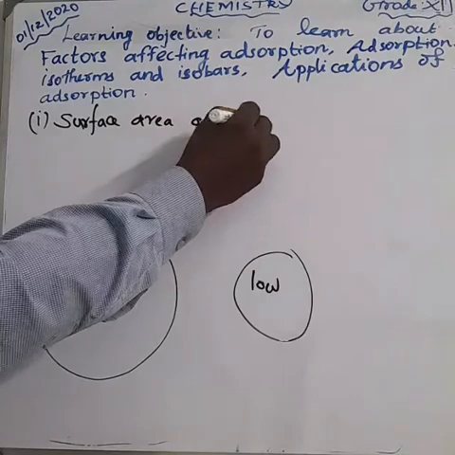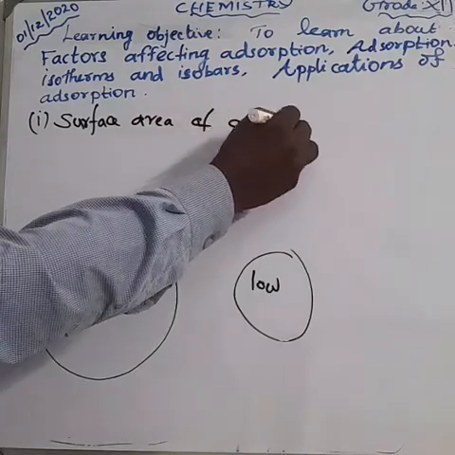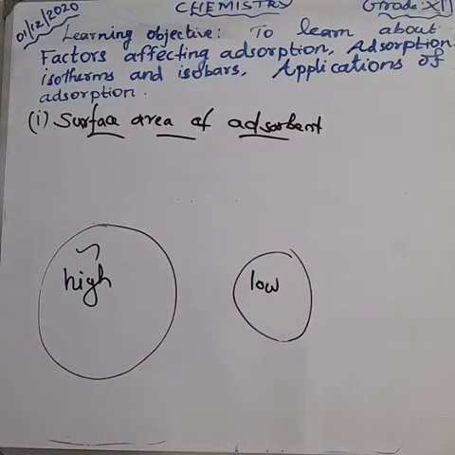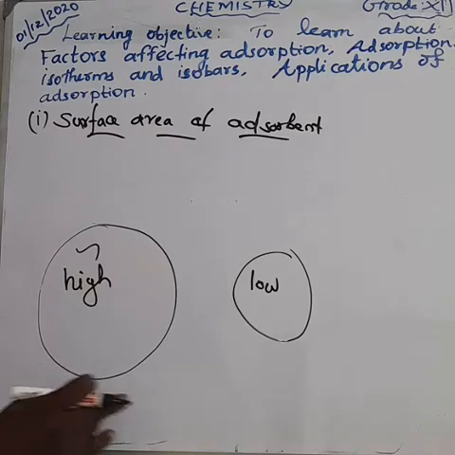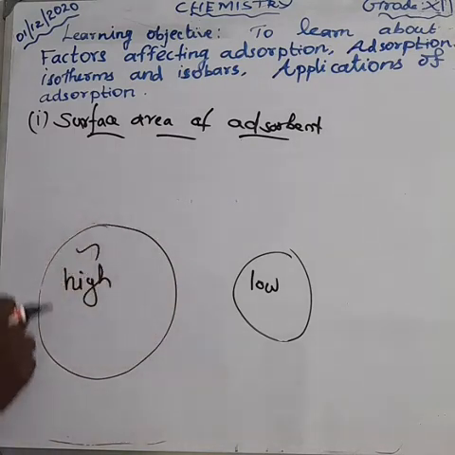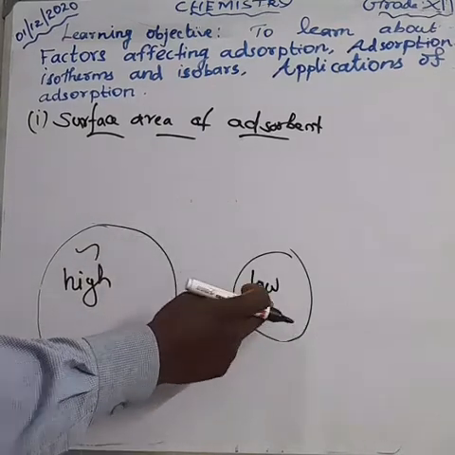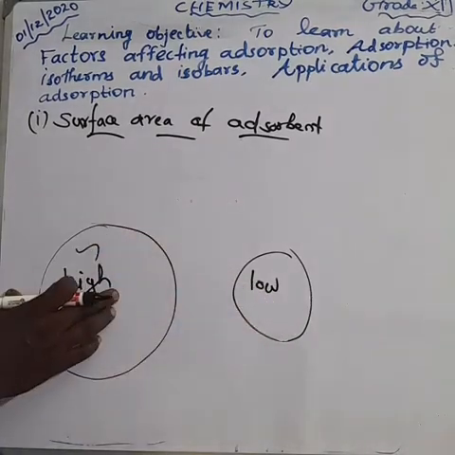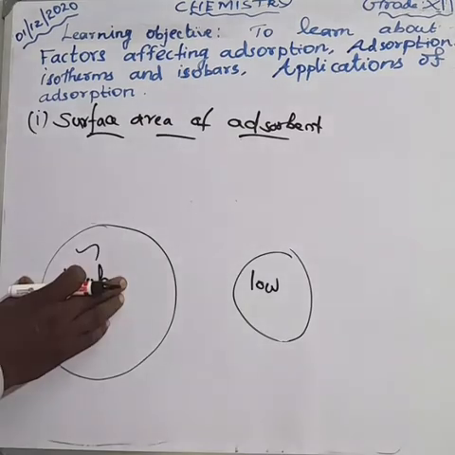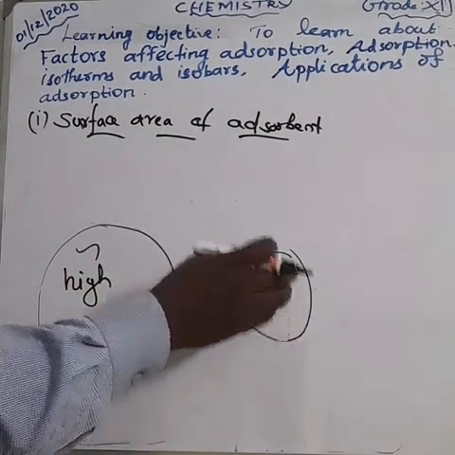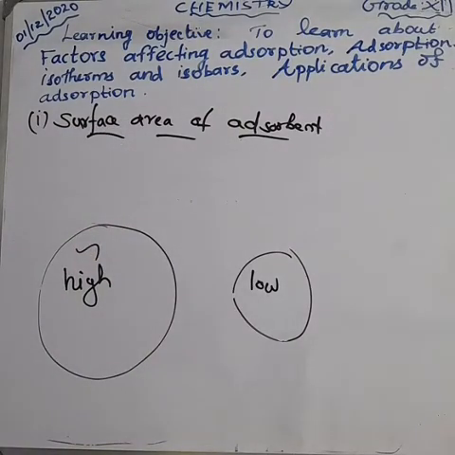This is the higher surface area, and as compared to this, it is a lower surface area. Higher the surface area, higher the amount adsorbed. Lower the surface area, lower the amount adsorbed. This is about the surface area.